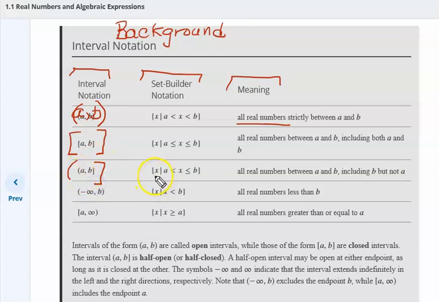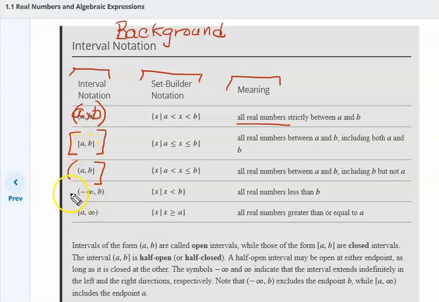So in set builder notation it would be x is such that a is less than x, but x now is less than or equal to b. I don't know if you're picking up on this, but when you use a parenthesis in interval notation, the item next to the parenthesis is not included, while if you use a bracket, the item is included.